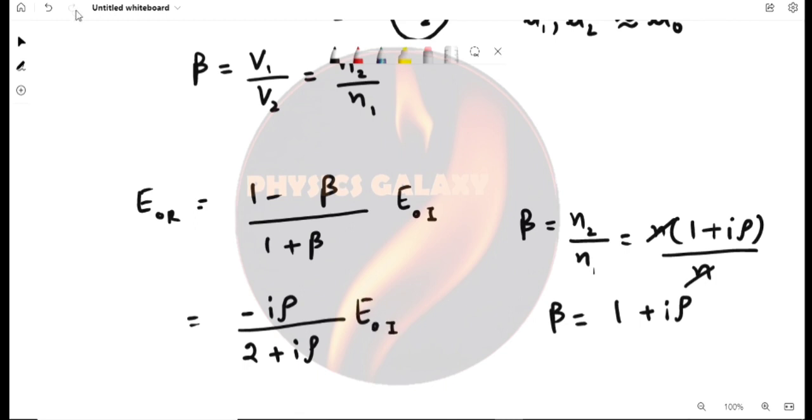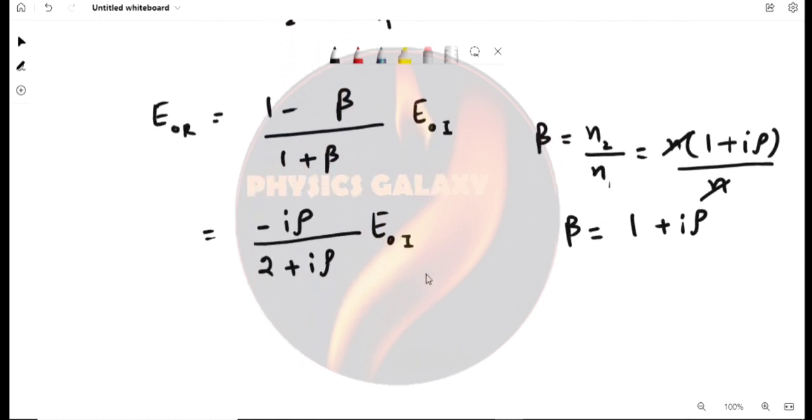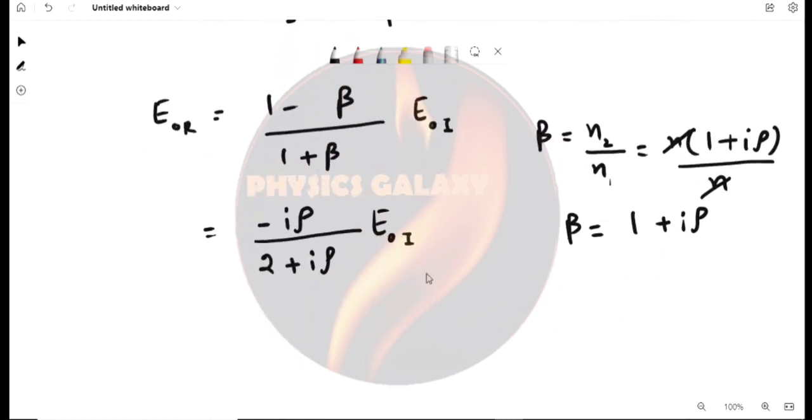Now this equation not only contains the amplitude information, it also contains phase information.